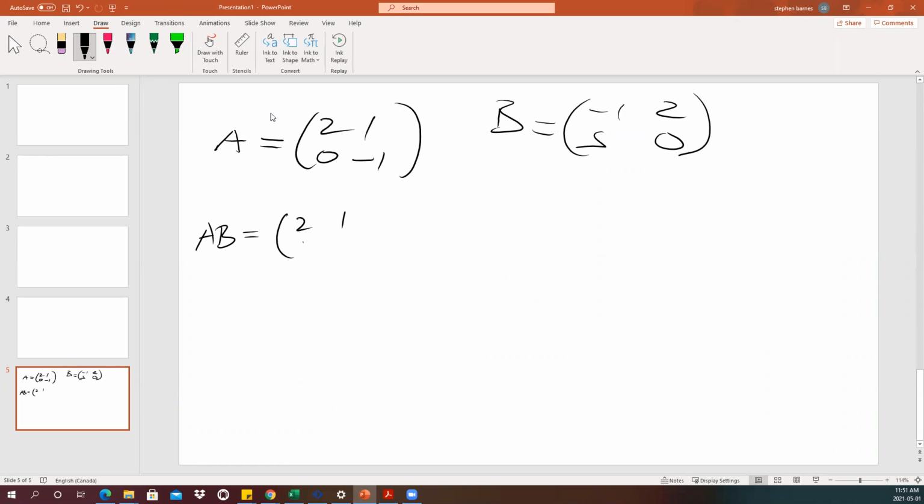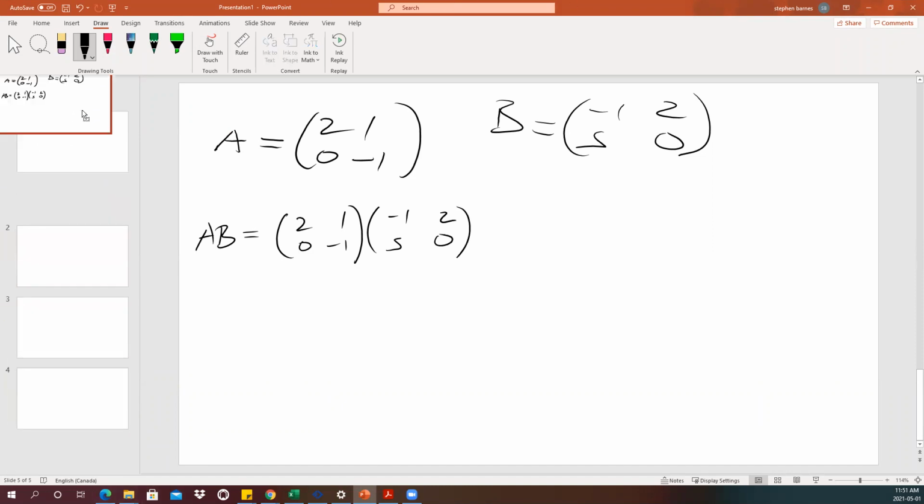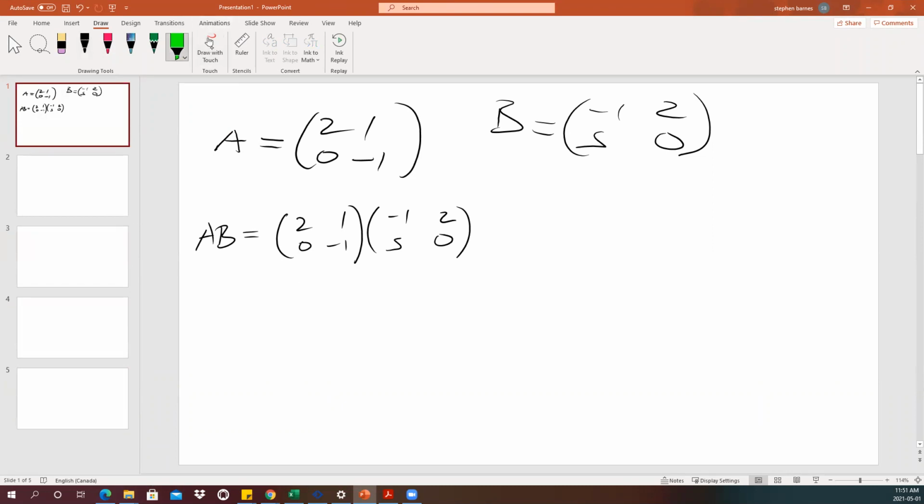So 2, 1, 0. And I'm also going to put this at the top. As I was saying, you go across and down. So this tells me that my result is going to be in the top left.